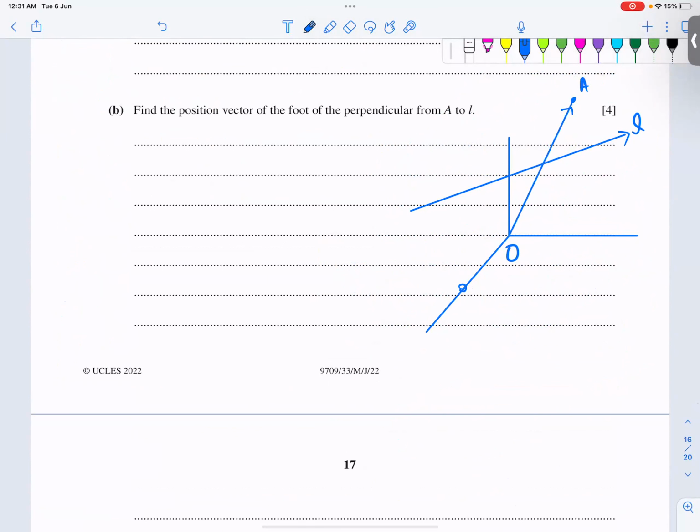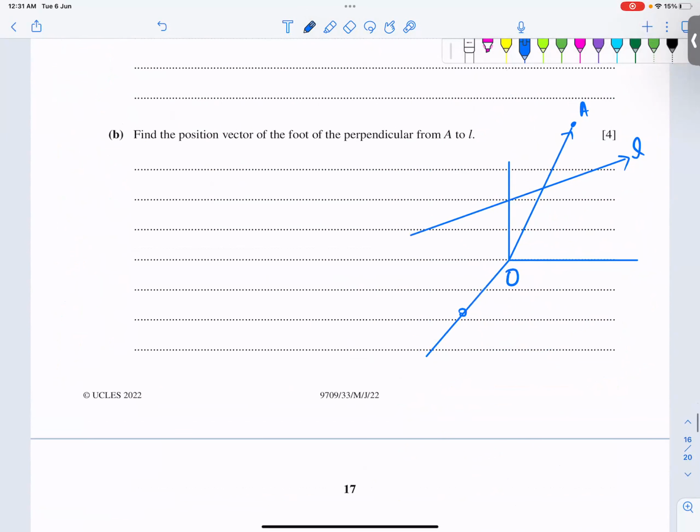Here we have the vector OA. Now draw a perpendicular from A to the line L. This is the foot of the perpendicular from A to L, and you need the position vector for this. Let's call it point F, the foot of the perpendicular, so you need to find OF.